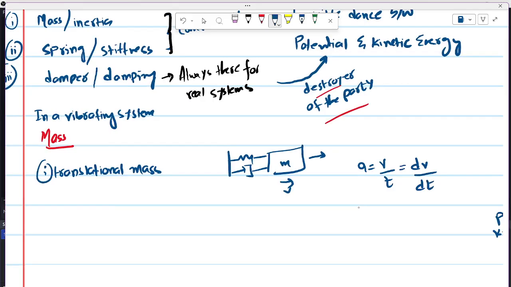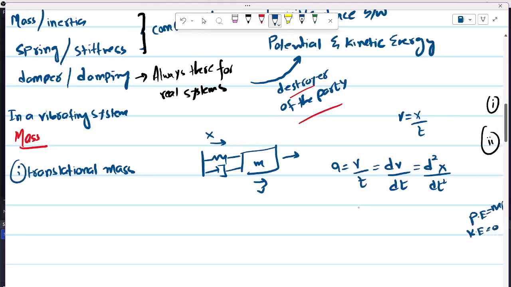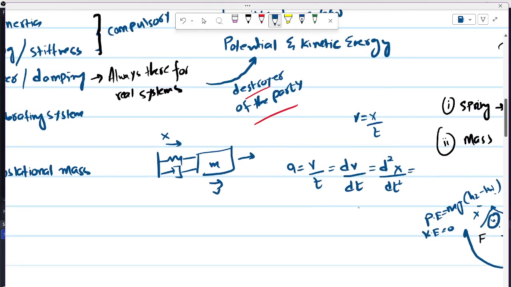And since velocity itself is the change of the x coordinate over time, we can write it as d square x over dt square, or x double dot. I hope you are aware of this double dot and single dot. Single dot means first derivative, double dot means second derivative. So you can write acceleration as this.